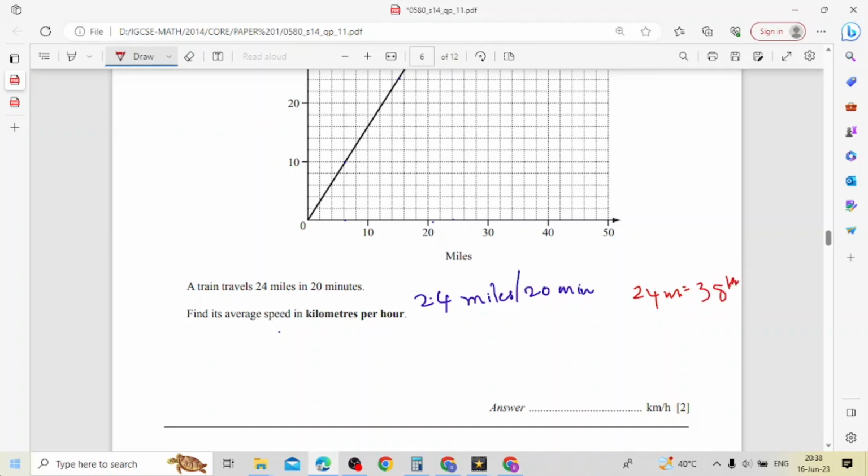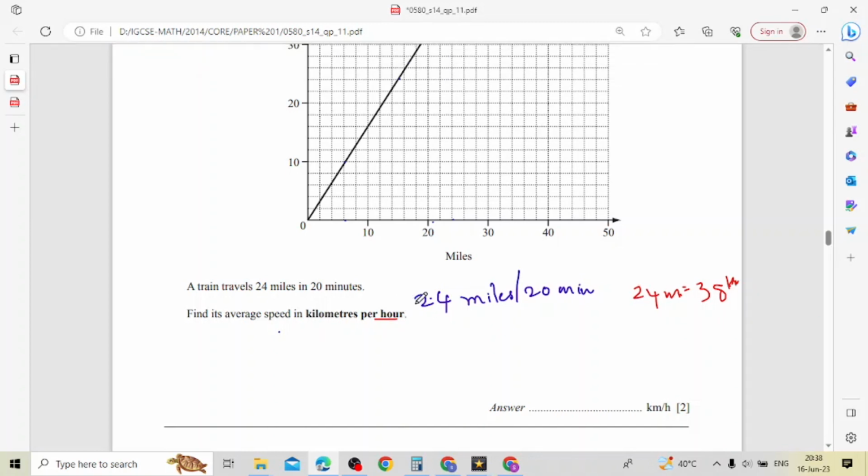Okay, done. Now for 20 minutes, it is 24 miles. 20 minutes is in minutes, and he asked for hours. So 1 hour is equal to 60 minutes. The type of the value should be the same over here. Per hour, how many minutes? It is 60 minutes, right?